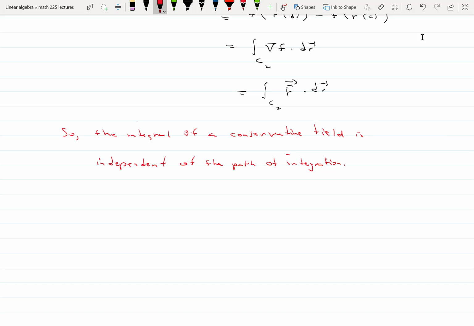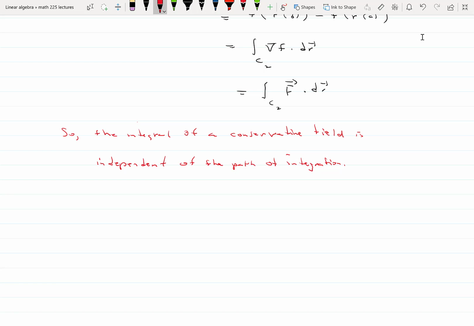And that's true. The gravitational force is a conservative force. So the work required to move an object under the influence of a conservative force field is independent of the path. It only depends on the starting point and the ending point. This is huge in physics.